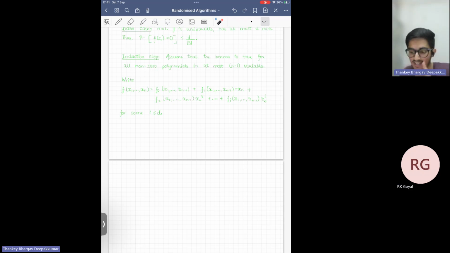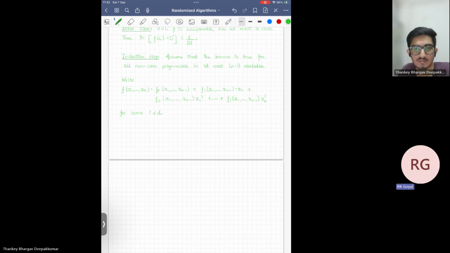There is one issue with this argument. Can you tell me what that issue is? I have a univariate, that is fine. The issue was in the argument after getting a univariate.